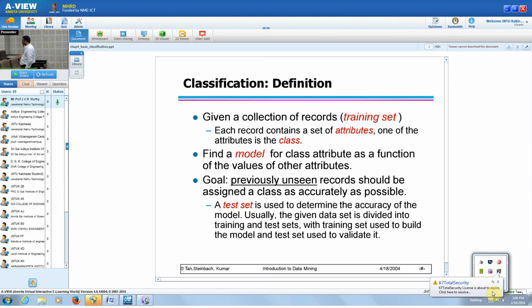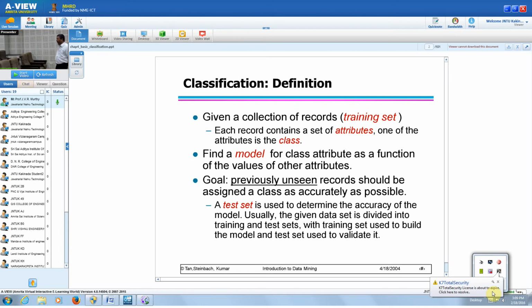If your model is good, fine. Otherwise, if you arrive at a wrong model, gone case, your bank will become bad. So that is how your classification and prediction work.